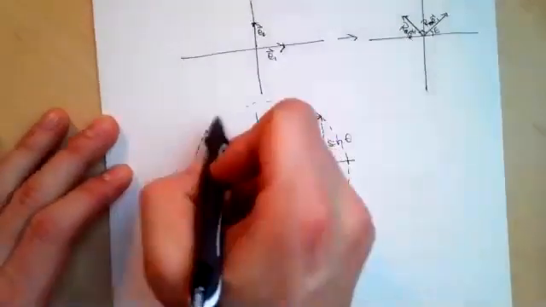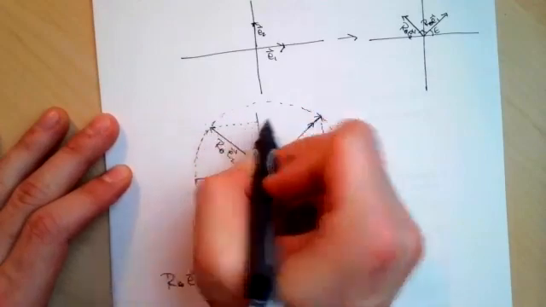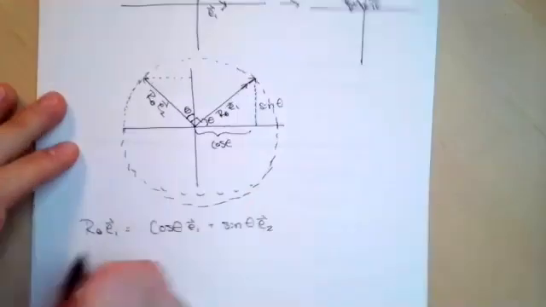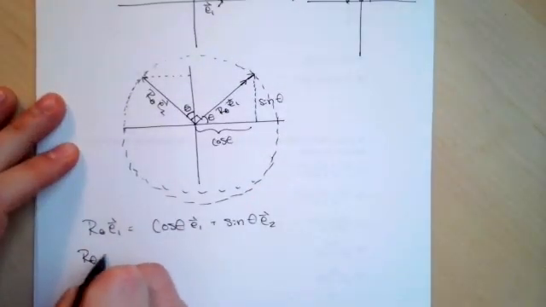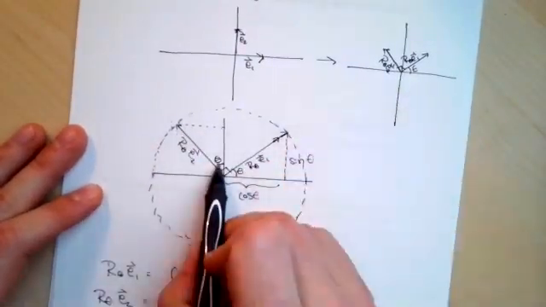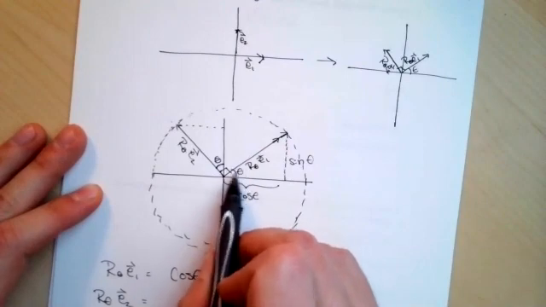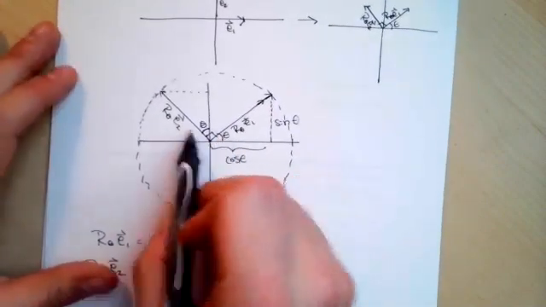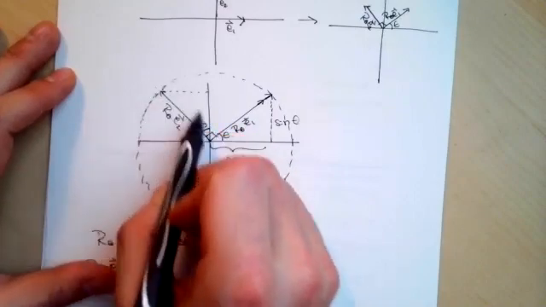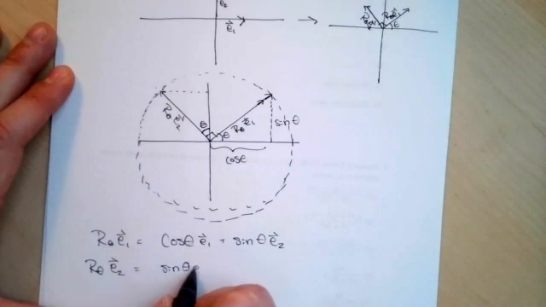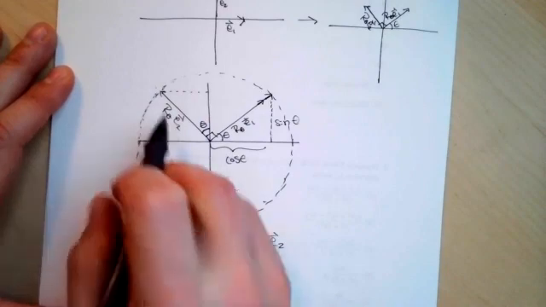What about the other vector? Well, we have to be a little careful because the angle here is a little different. So R theta acting on E2, well, if theta is only between 0 and pi over 2 at the moment, this distance, if I take sine theta, gives us the correct length of that.